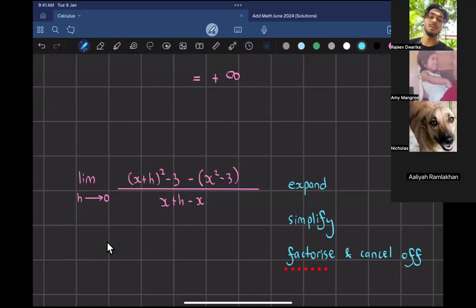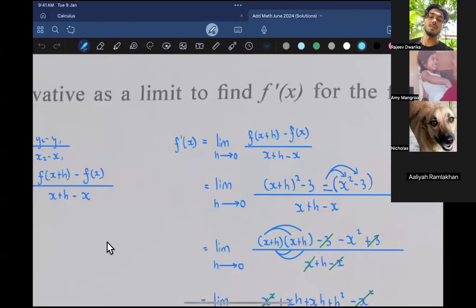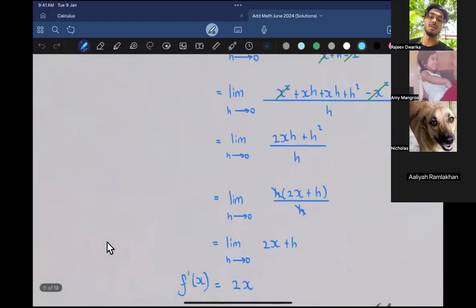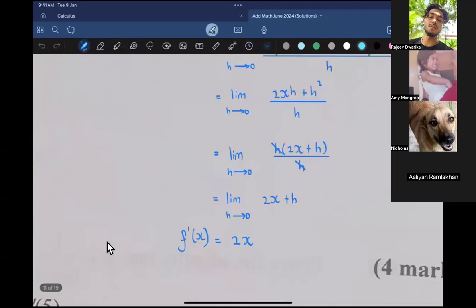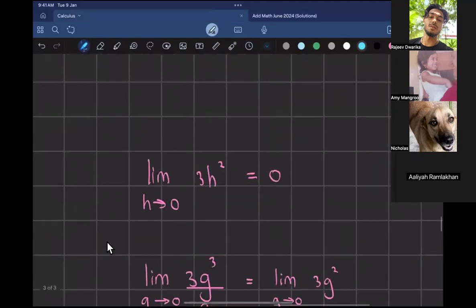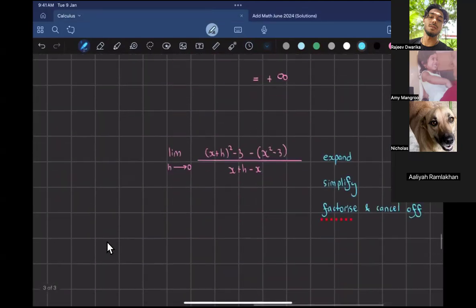I remain with so far 2x h plus h. That's good, because you have x there. Let me check. Okay, yeah, it'll work out. Nice.